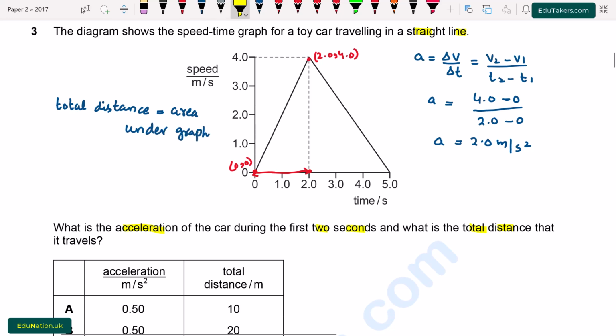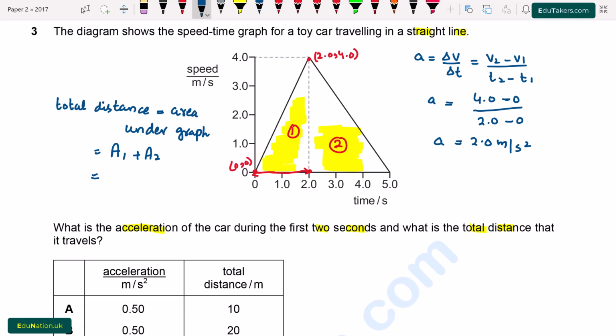We can see here there are two right angle triangles. First one is this, while the second is on the other side. I label them 1 and 2 and find their areas. So area 1 plus area 2.